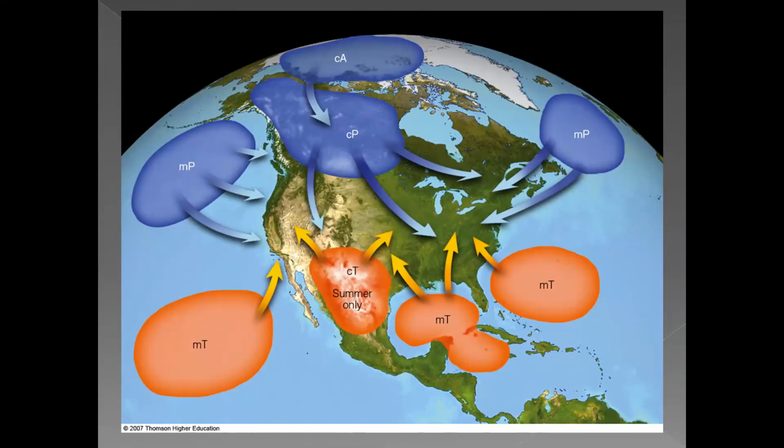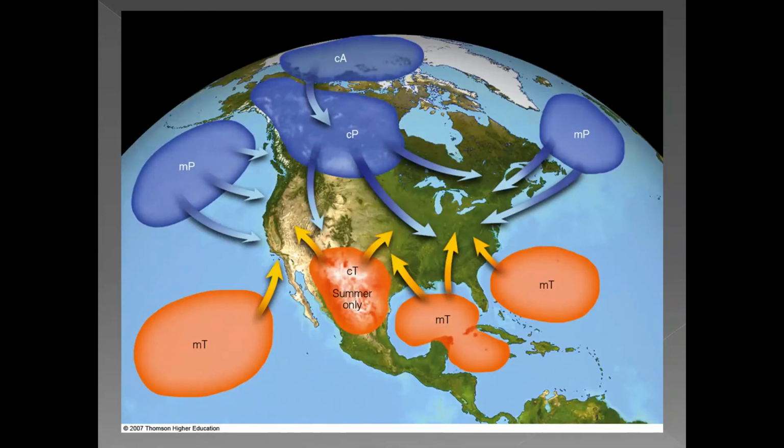But it's just an interesting fact that you might want to keep in the back of your head, that this continental tropical air mass only forms during the summertime. And the reason why is because the land here can get pretty cold during the wintertime, and that's just because there's a lot of cold air from the north that moves down, and it prevents this continental tropical air mass from forming.